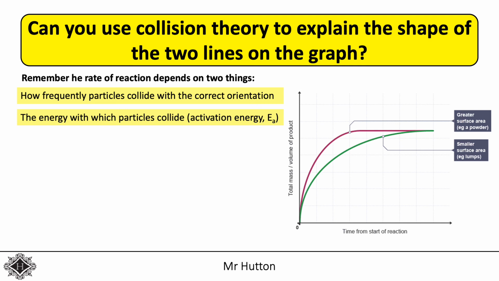With what we've done here in terms of surface area, we haven't affected the amount of energy the particles have at all. But what we have done is changed the surface area, so we've exposed more particles, and therefore we've affected how frequently particles will be colliding with each other. See if you can come up with some good answers here for explaining these two graphs. Pause the video to have a go.